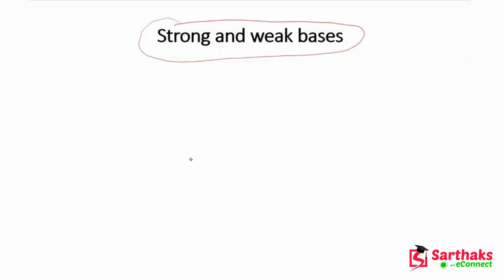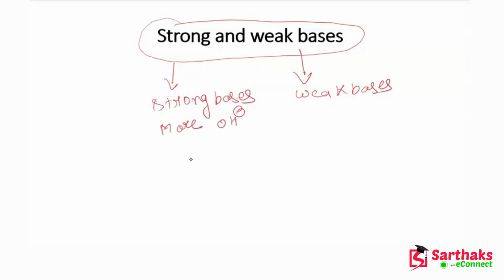So the bases which form more OH- ion are known as strong bases, and the bases which form less OH- ion are known as weak bases.